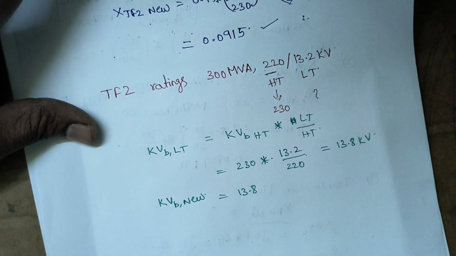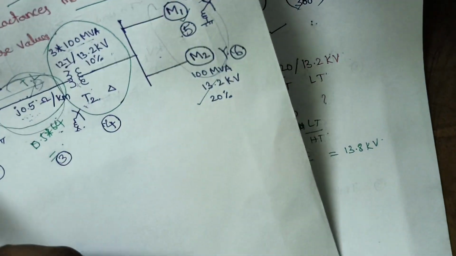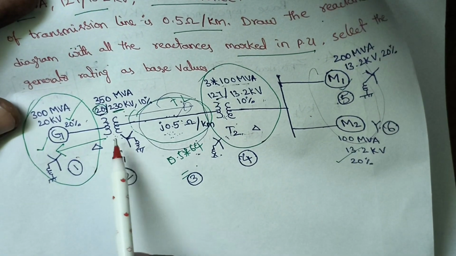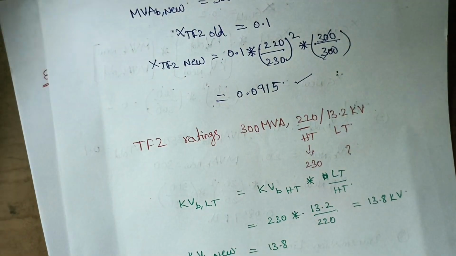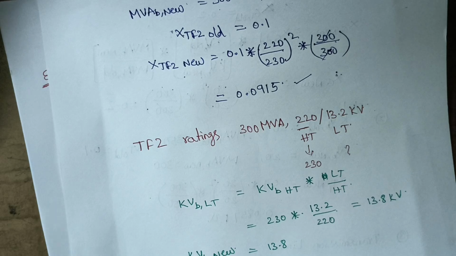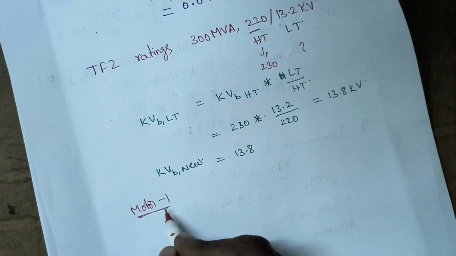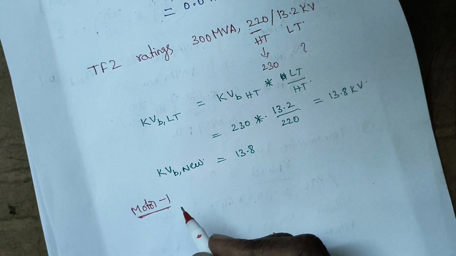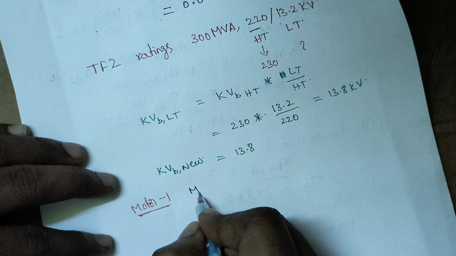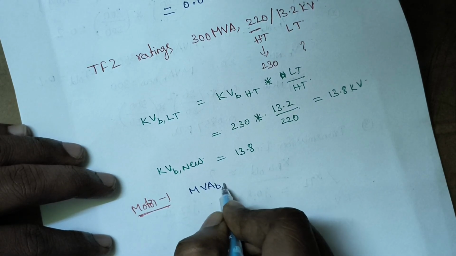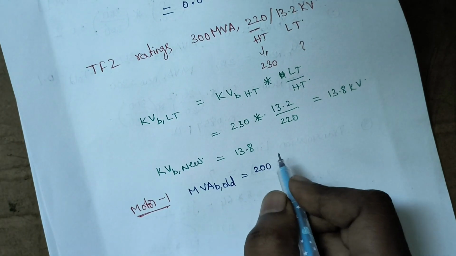13.8. So now the motor 1. This is 1, 2, 3, 4 is over. Next, the fifth one is motor 1. For the motor 1, what are the old values he has given? He said that MVAB old is equal to 200.